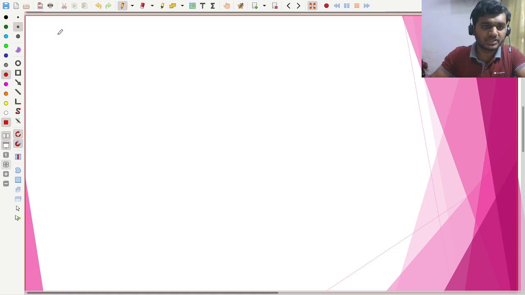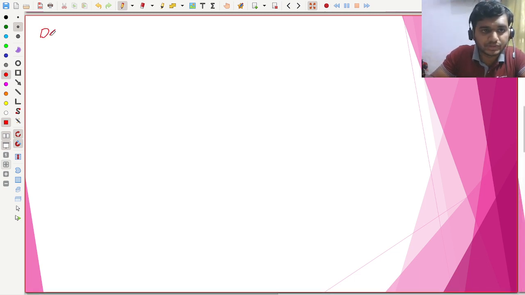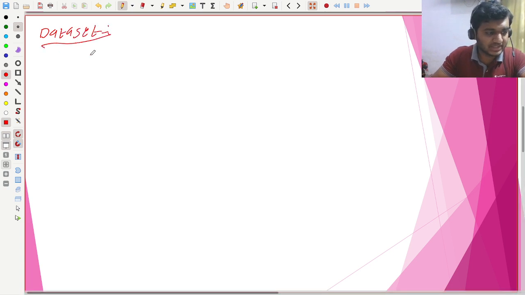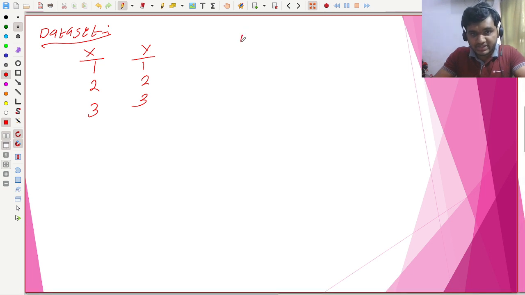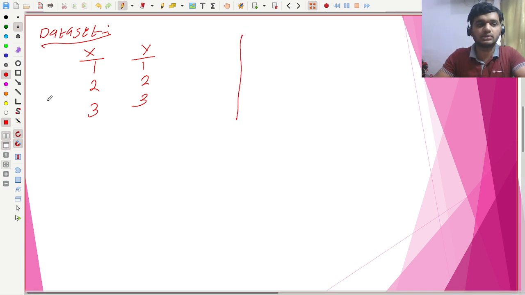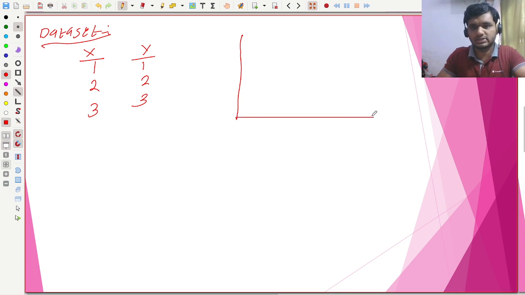Now we'll discuss an example. Suppose a data set has x as one feature and y as another feature. The x values are 1, 2, 3, and the y values are 1, 2, 3. Accordingly, we'll draw a line.